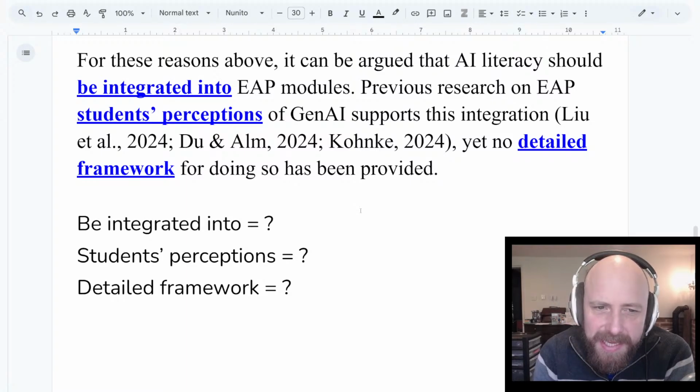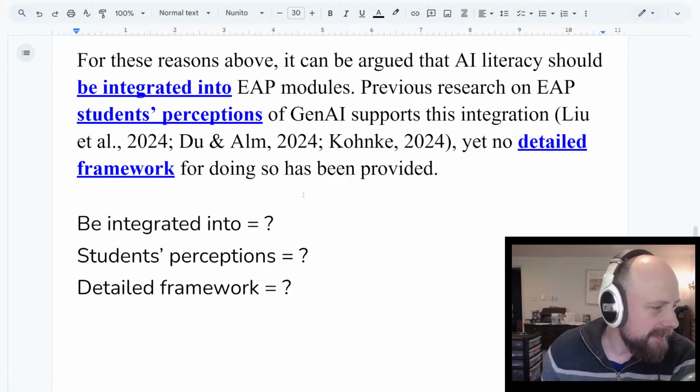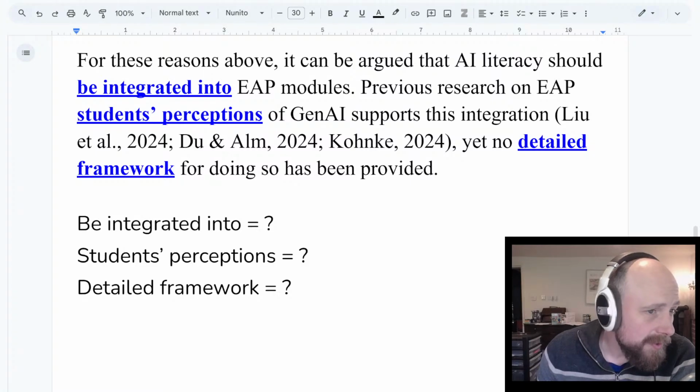Previous research on EAP students' perceptions of Gen AI supports this integration, yet no detailed framework for doing so has been provided. So, what do we think about all that? Put your suggestions in the chat as to what you think those terms mean.